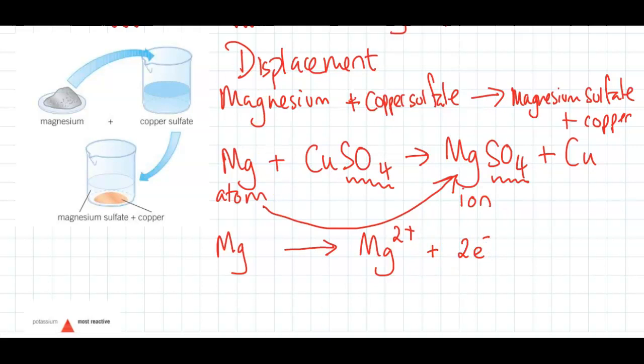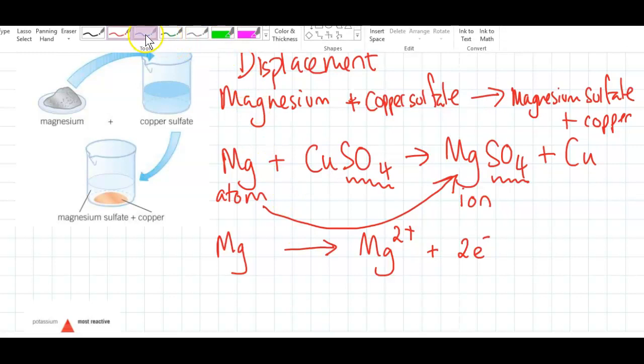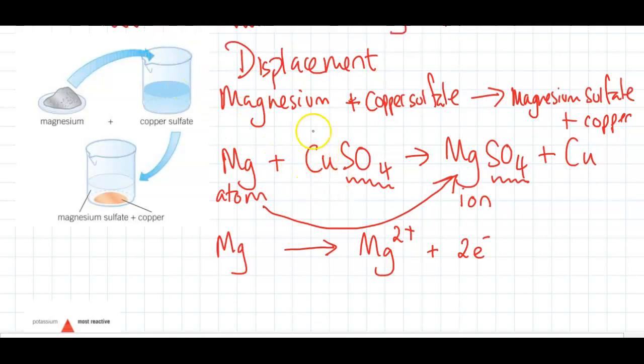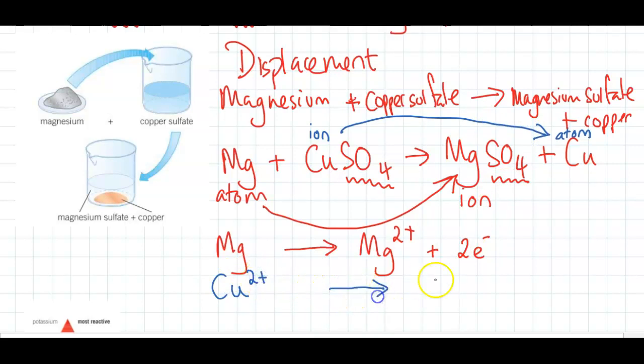Look at the copper. The opposite is true here. Here, the copper is an ion, and I can tell because it's bonded onto something else. And over here, it's on its own. It's been turned into an atom. The opposite is happening to the copper. The copper ions have turned into copper atoms by getting electrons.